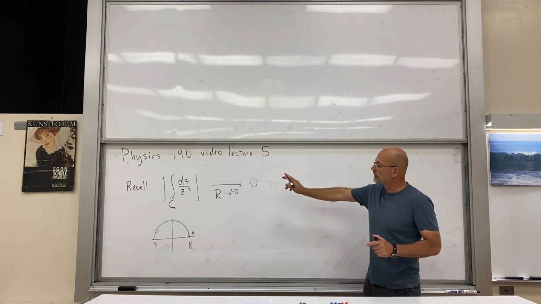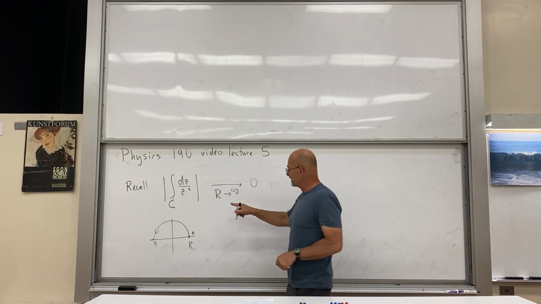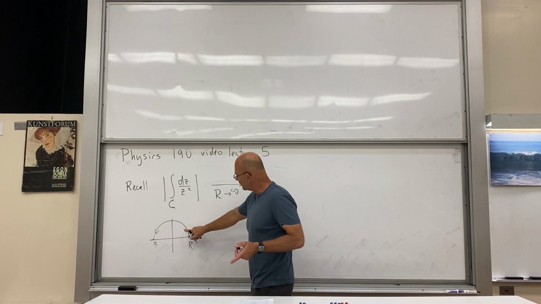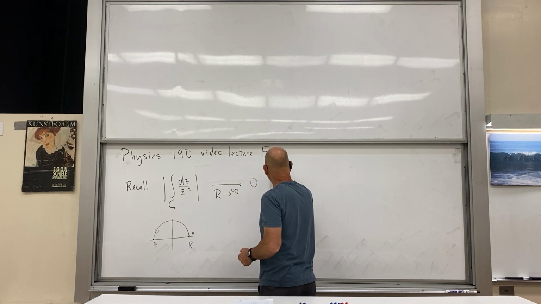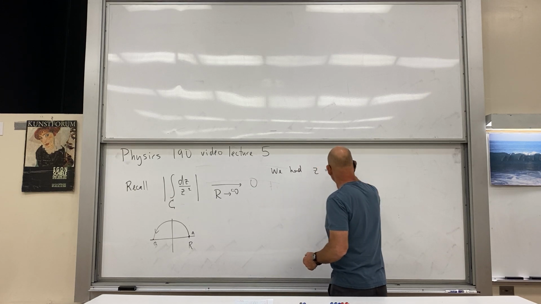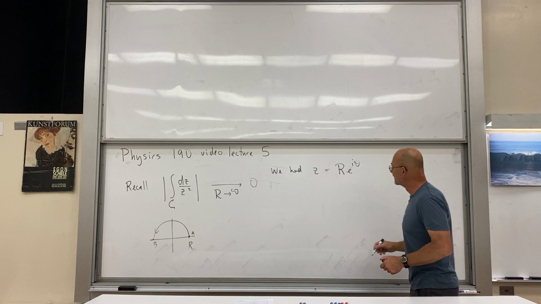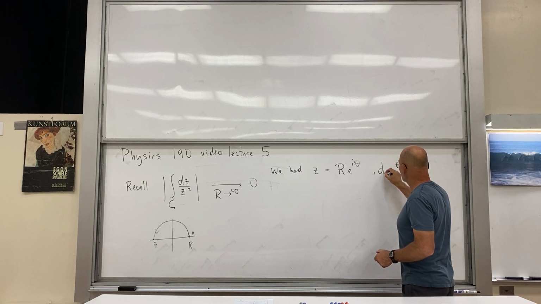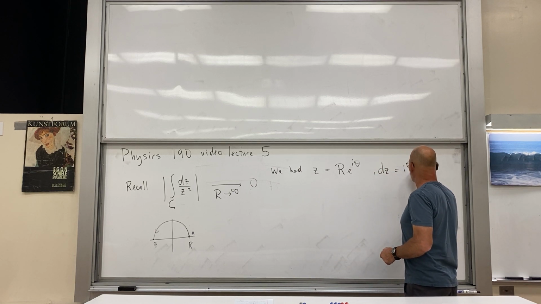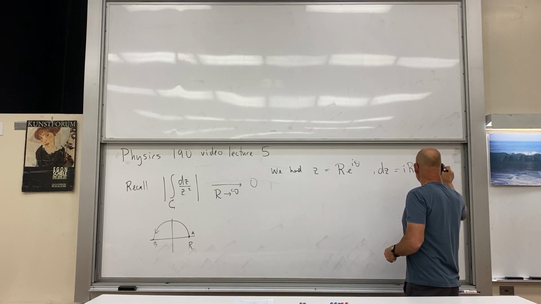So I just want to have a closer look at this thing, because what we did was, since we were on the semicircle, we had z equal to r e to the i theta, okay? And dz was equal to i r e to the i theta d theta.